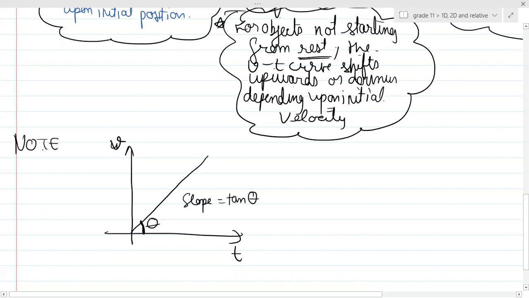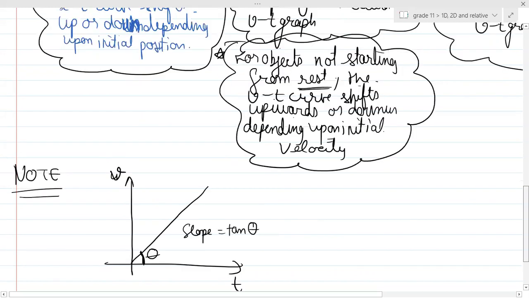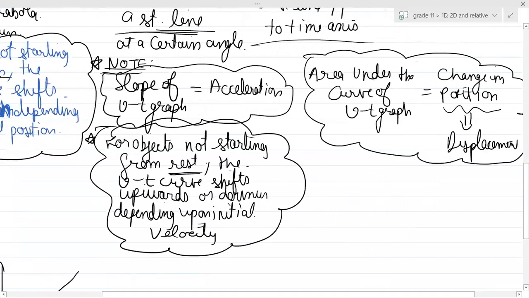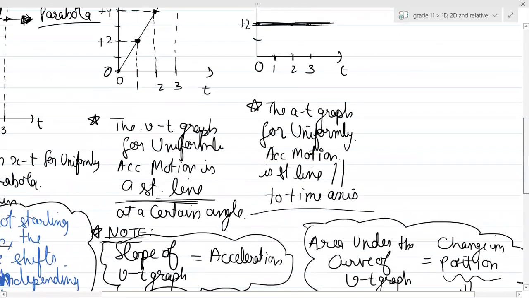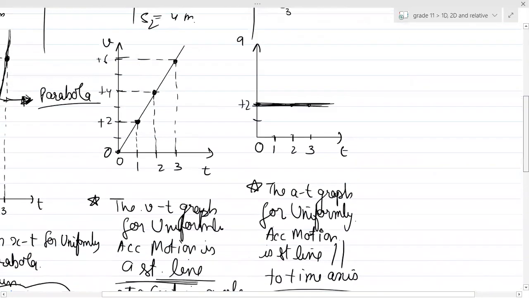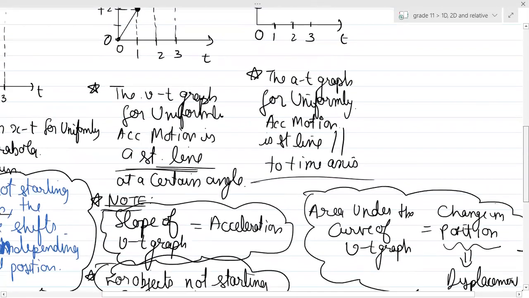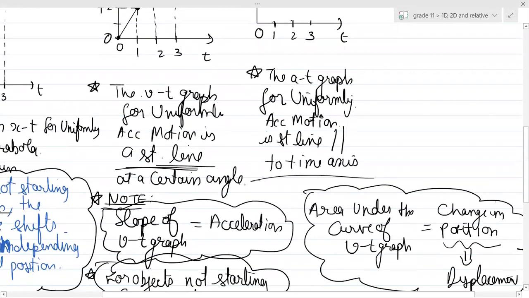Sir, can you scroll up once? So just a little bit more. Okay. Yeah, the AT graph for uniform motion, should I write that, sir? Yes, you need to write. No, why am I writing it over here? Okay, sir, writing.